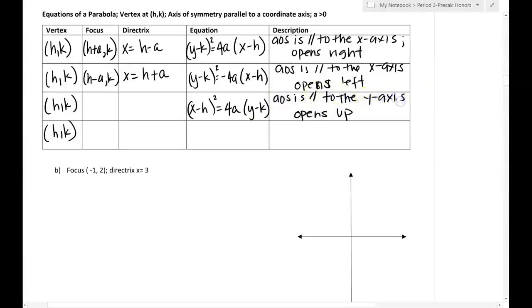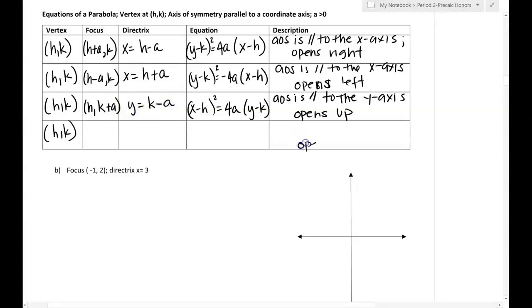Okay, and again, make sure you define the vocabulary above on the prior page before copying this down. And try example number 1. Now your focus will be h, k plus a. And the directrix will be y equals k minus a.